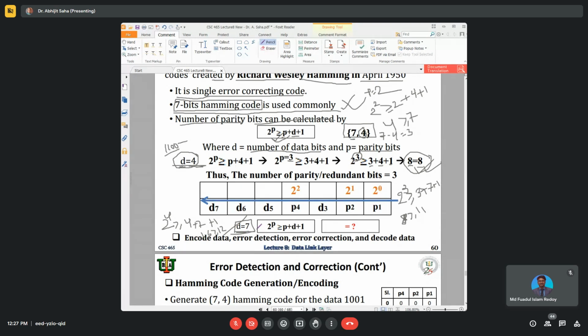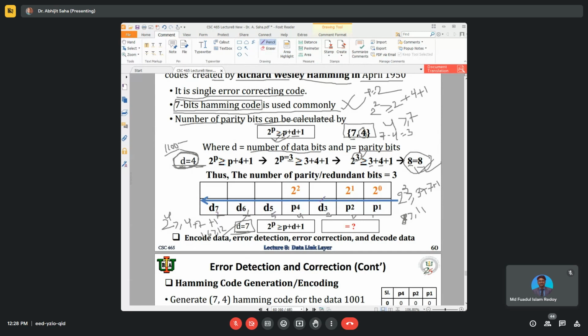Yes, sir. Okay. So look at this one. For the 4-bit data, we have found that we need 3 parity bits. So that means 4 plus 3, there are going to be 7 fields: 1, 2, 3, 4, 5, 6, 7.